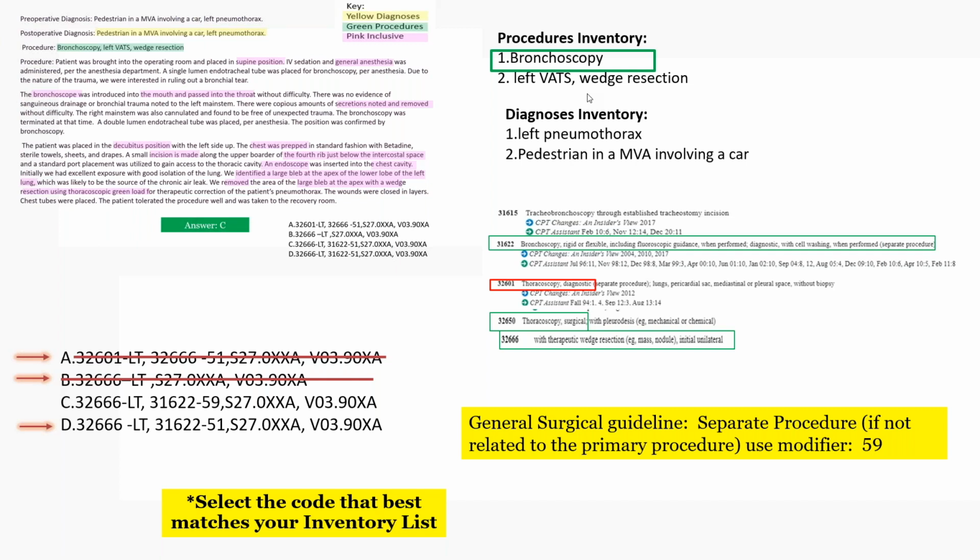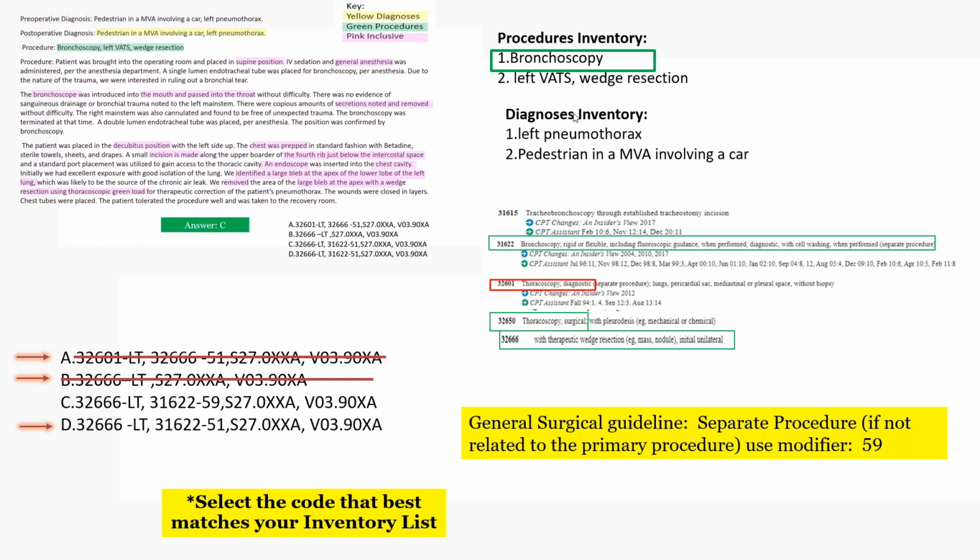So there was someone asking me why a diagnostic is not bundled to a surgical one. Well, the first procedure, the bronchoscopy, is not related to the second one. It's totally unrelated. As I said, bronchoscopy was performed in order to see whether any internal damage had happened. And later on, a therapeutic wedge resection was performed, which was a surgical procedure. It was a totally different procedure.